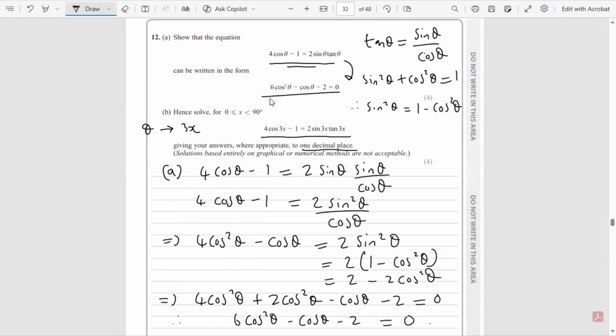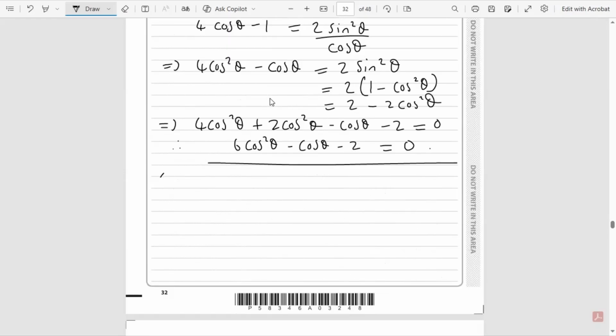So basically, as we know from part A, this equation here is equivalent to this equation. So we can just say using part A, it must be true that 6 cos squared 3x minus cos 3x minus 2 is equal to 0. So let's just make a note of that down here.